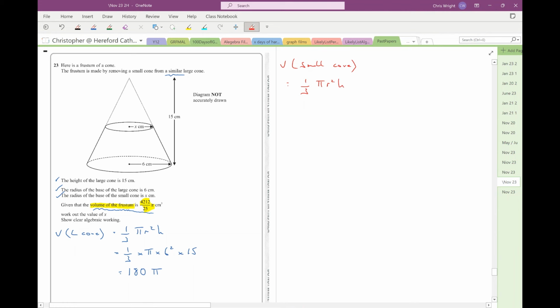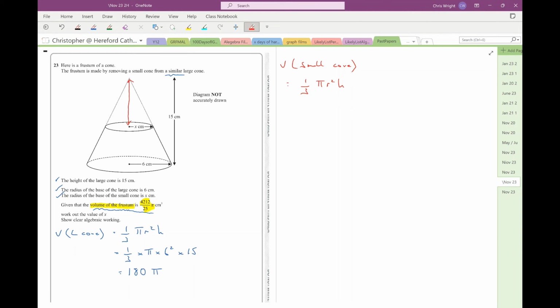Now, let's have a think about the height of the small cone. The length that I'm thinking about is this length here. That height is going to be a certain fraction of the height of the large cone, isn't it? Because they're similar shapes.